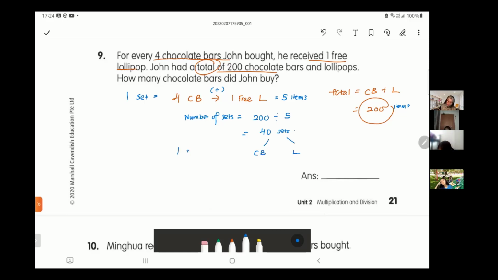So one set is 4 chocolate bars. I have 40 sets. That will be 40 times 4 equals to 160 chocolate bars. Answer is 160. Okay?